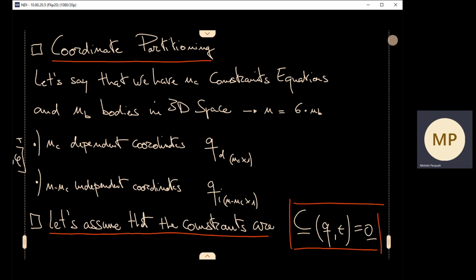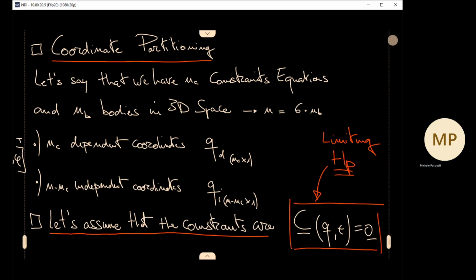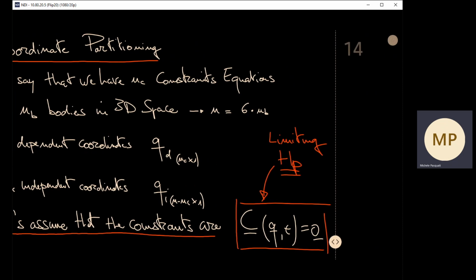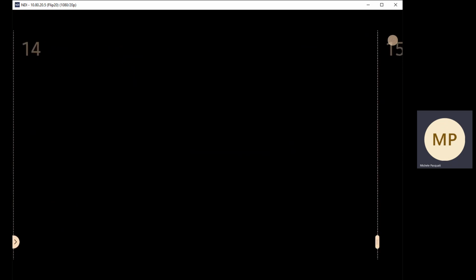So this is a hypothesis that I'm making, a strong one. It's a limiting hypothesis. Okay. So I'm basically just assuming that we are talking about holonomic constraints.